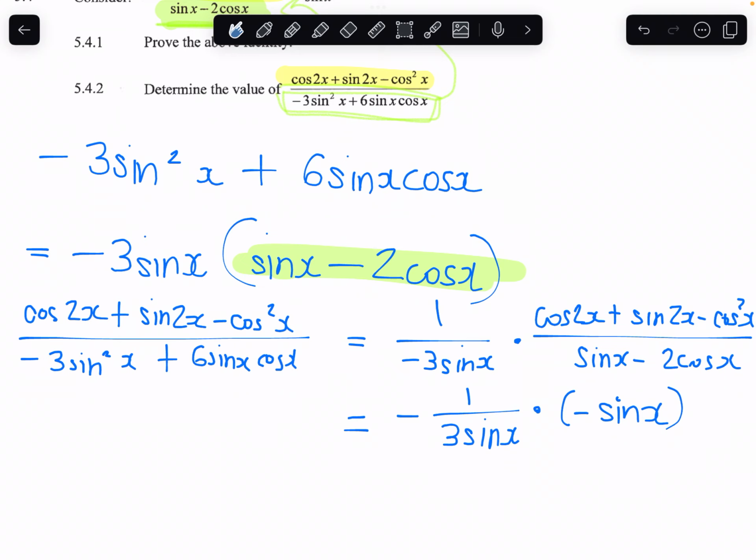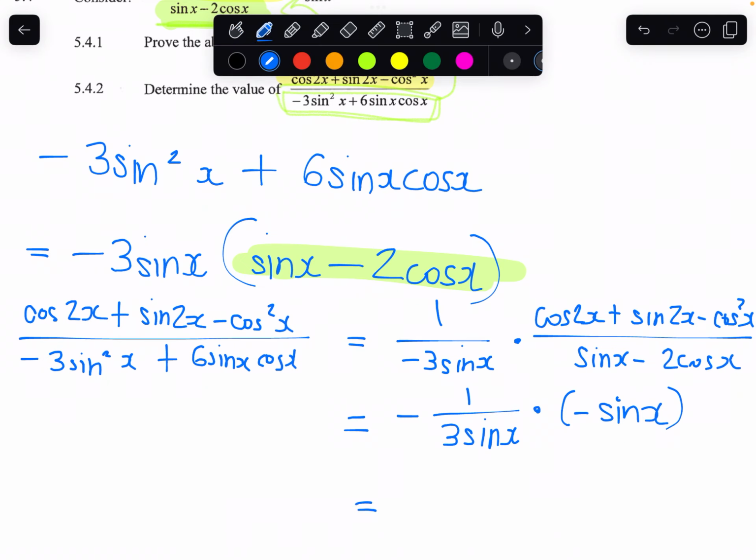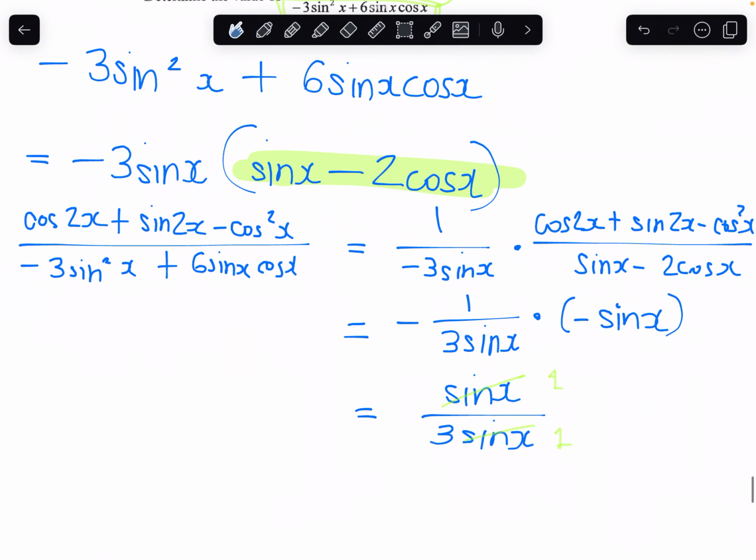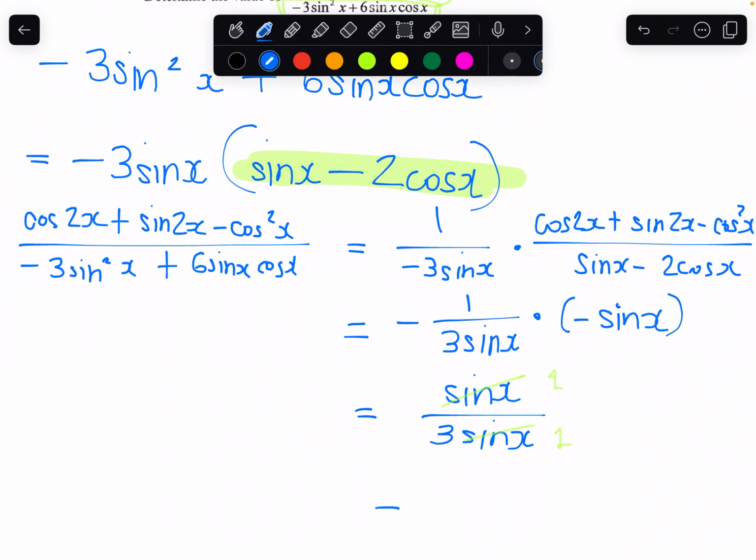Negative times negative becomes positive, so those cancel out. So we just have sine x over 3 sine x. Sine x goes into itself once, so that just ends up being 1 over 3.